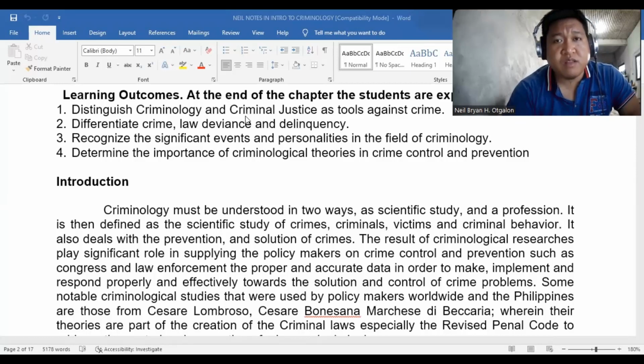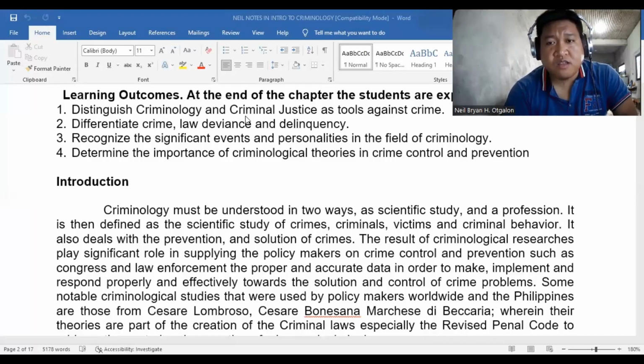It is the implementation and enforcement of the law. What law? Specifically, the criminal law. So criminology and criminal justice have the same problem to solve, which is crime, but their approaches, techniques and strategies have differences.